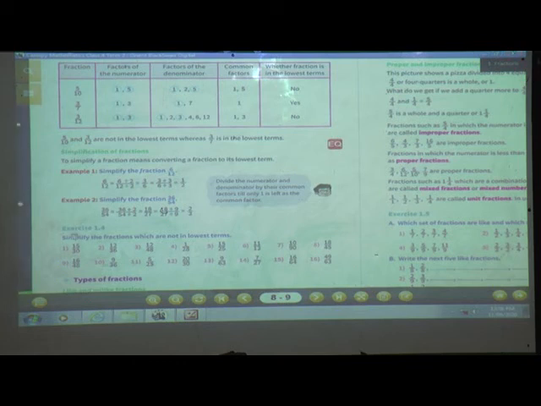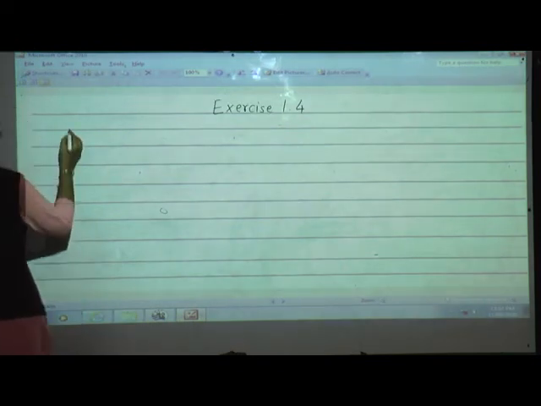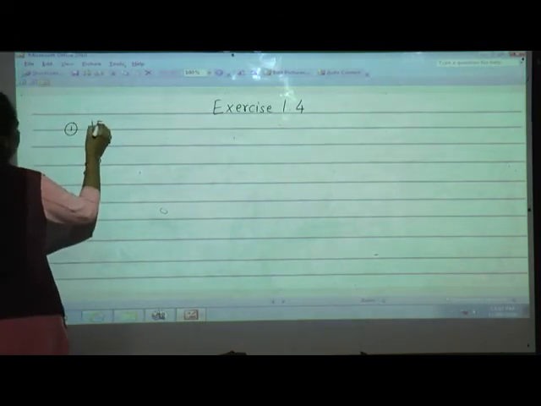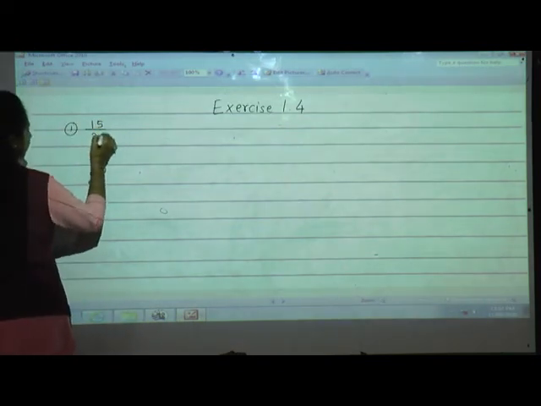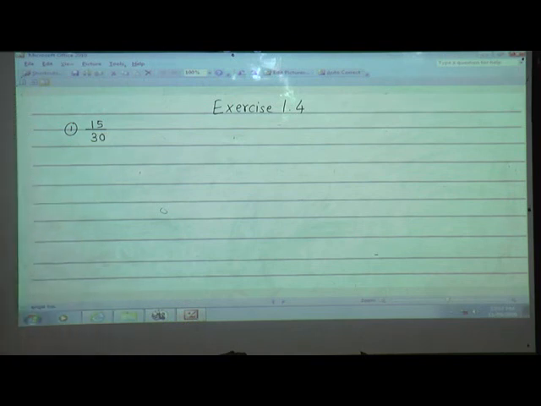Now we will solve our exercise 1.4, simplify the fractions which are not in lowest term. Now we will start one by one. First one, 15 upon 30. Now what to do? What are the steps of simplification of fractions, students?